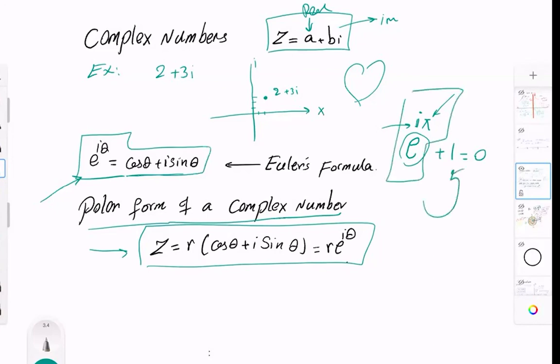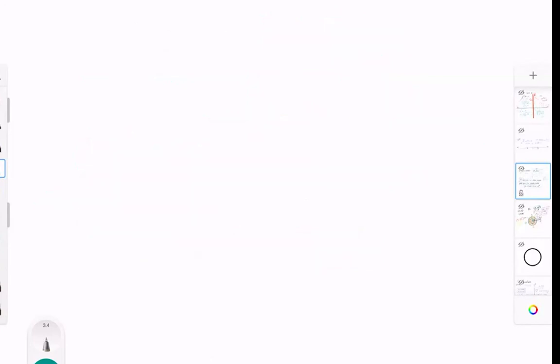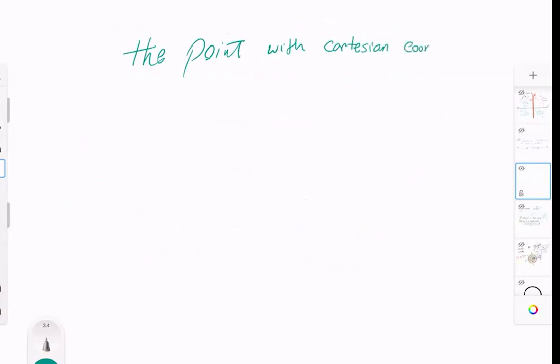Anyway, let's go to Brian's homework question. The question is: the point with Cartesian coordinates, so we have a point 3 comma 4.